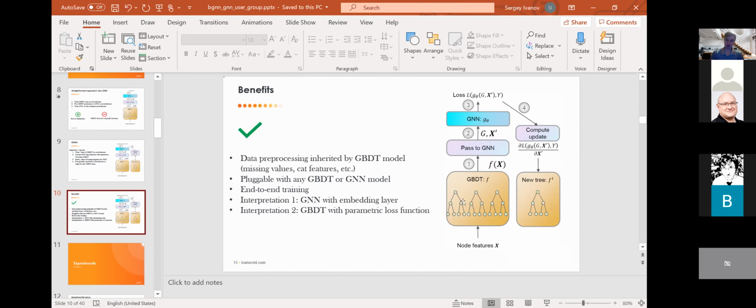Therefore, GPT is fully capable to be distributed and to process large data sets. Now, GNNs, as we know, are more challenging to scale, but again, you can plug in any GNN model. It doesn't care about a particular architecture. For example, you could use SIGN from Stein's team or any other GNN that is efficient and can take as input X prime and G and give you some predictions.